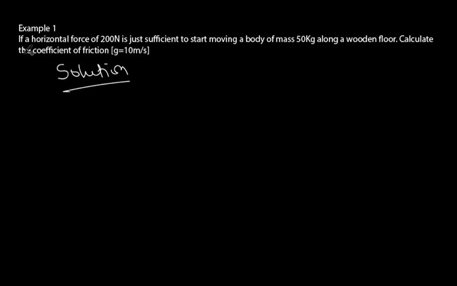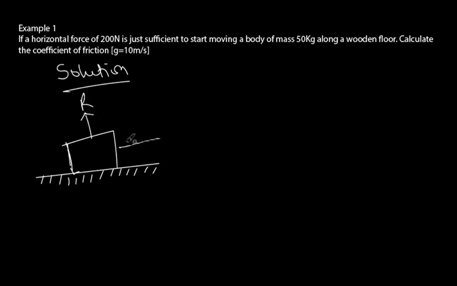Now in this case we have what? A horizontal force of 200 Newton. So let's draw our diagram, let me draw this as straight as possible. So we know whenever we have a body on a rough horizontal surface, the forces acting on it are: first of all, our normal reaction going upwards, we have our frictional force opposing it, then the force we are applying, which is P, and then the weight of the object acting downwards, which is what?